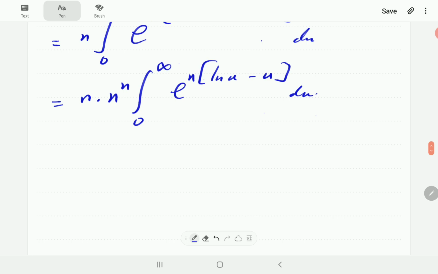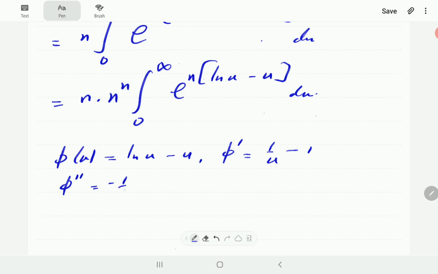Alright, so we are now ready to rework our stationary point again. This time phi of u is ln u minus u, so the derivative is going to be 1 over u minus 1, and the second order derivative is going to be minus 1 over u squared.